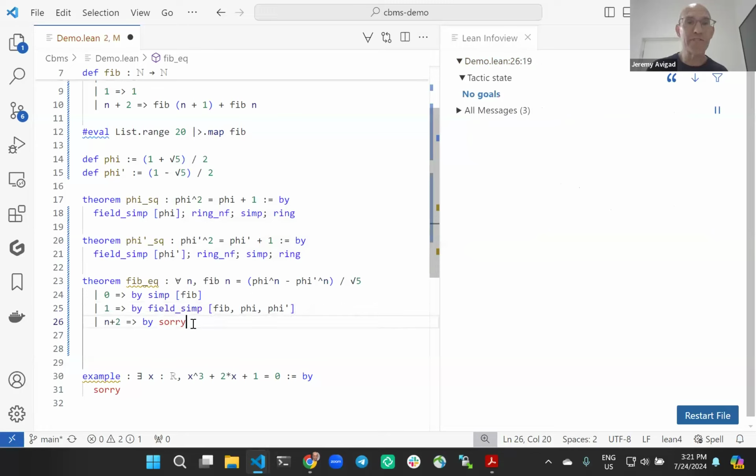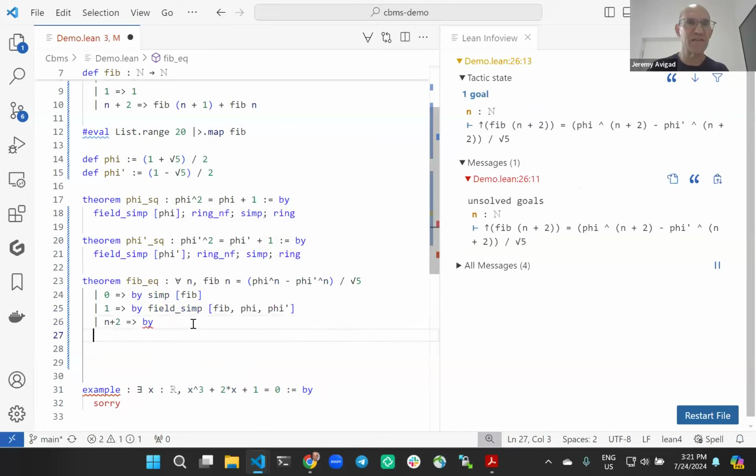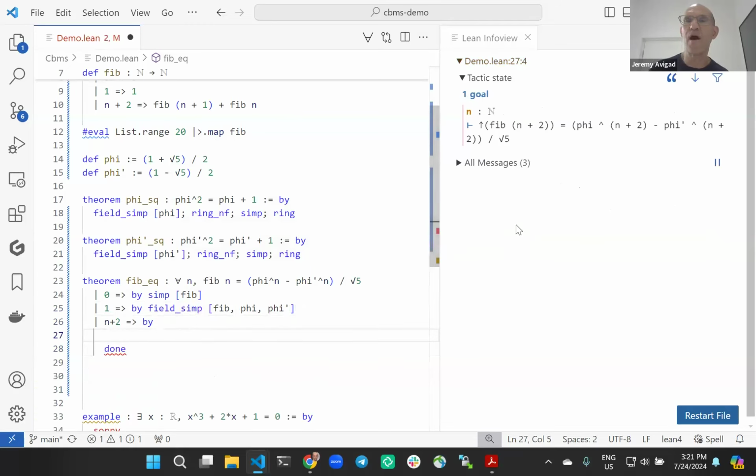So now here's the more interesting case. Let's prove this. So in this case, if we look at the goal, we're trying to show that fib of n plus 2 is equal to that. But we should be able to use the inductive hypotheses. Okay, so first, let's simplify by unfolding the definition of the Fibonacci function. So that helps a little bit.